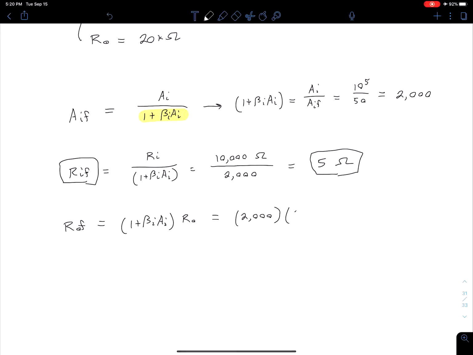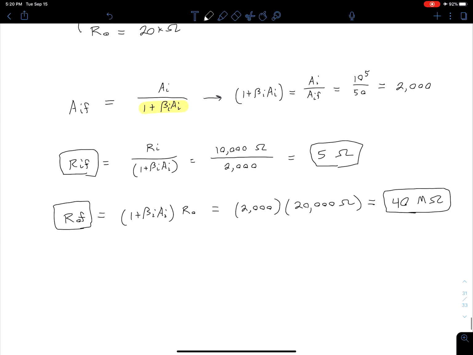Again, you can either leave that as 20k or put it in ohms, whatever you're more comfortable with. This gives us 40 times 10 to the 6, which I can just write as 40 mega ohms. So as advertised, we see that for our current amplifier configuration, our shunt series, our input resistance is drastically decreased when we employ feedback, and our output resistance is drastically increased.